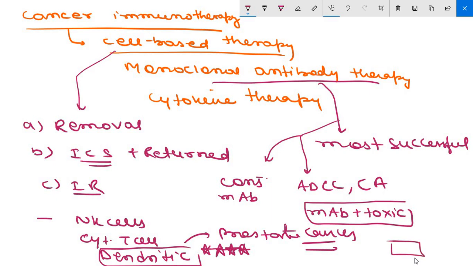Suppose this is a tumor cell, this is a monoclonal antibody and this is a toxic chemical. Once the antibody binds to the tumor cell, the toxic chemical is released inside and causes lysis of the tumor cells. This is known as the conjugated monoclonal antibody technique. Clear?